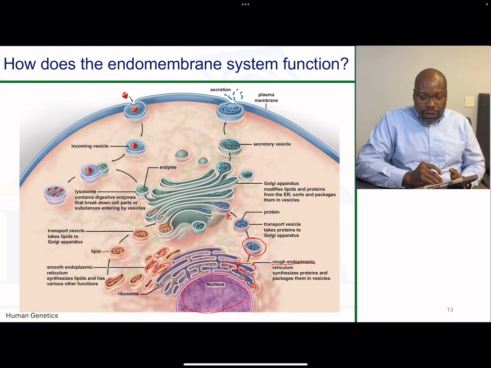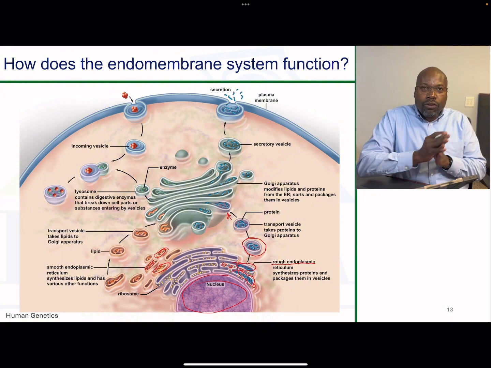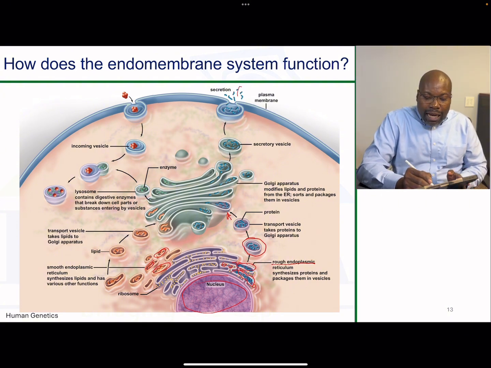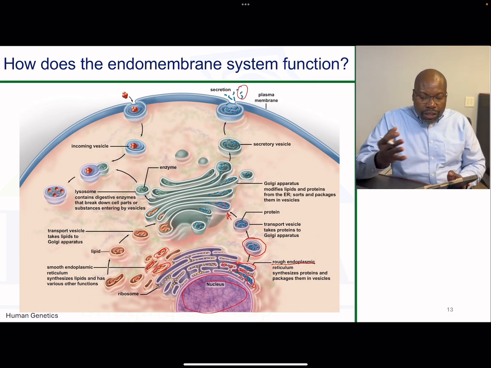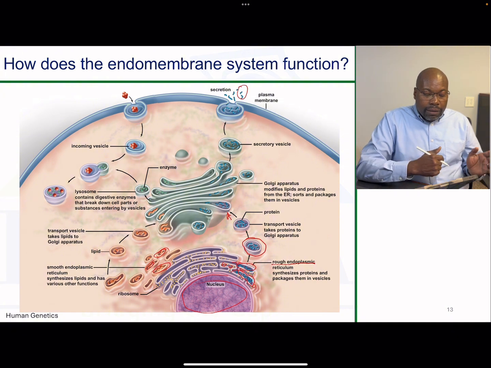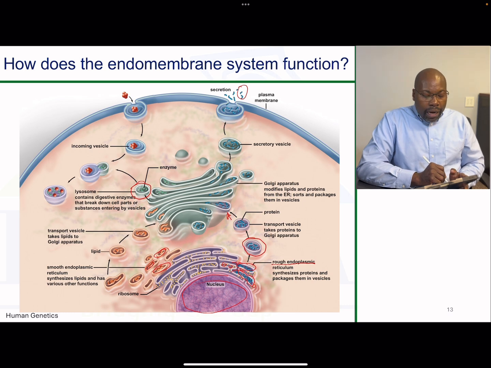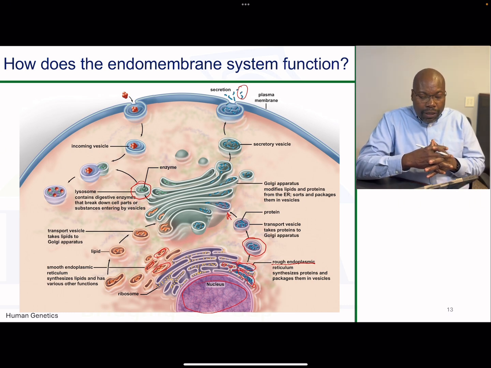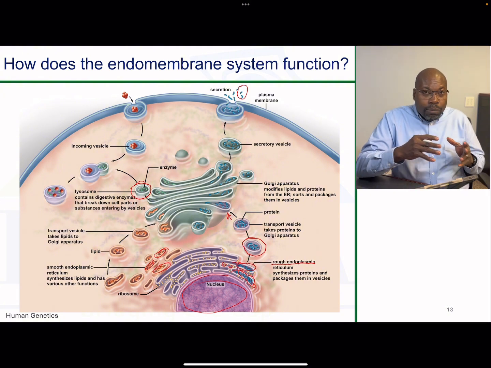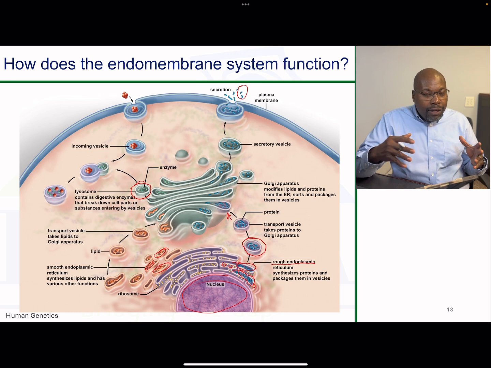These modifications are going to allow the proteins to be properly addressed, whether they go outside of the cell in the process of secretion, or they go in the lysosomes, a compartment where digestive enzymes are going to be found and are going to allow the breakdown of all the chemicals and particles that need to be discarded.